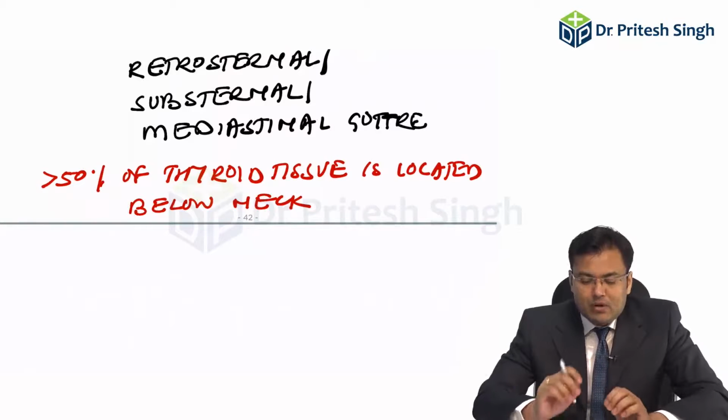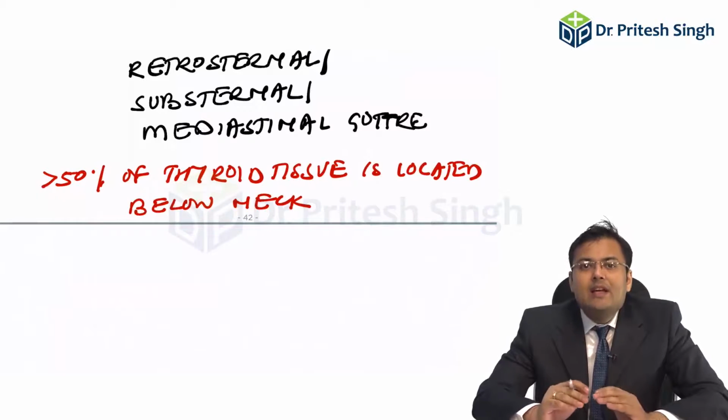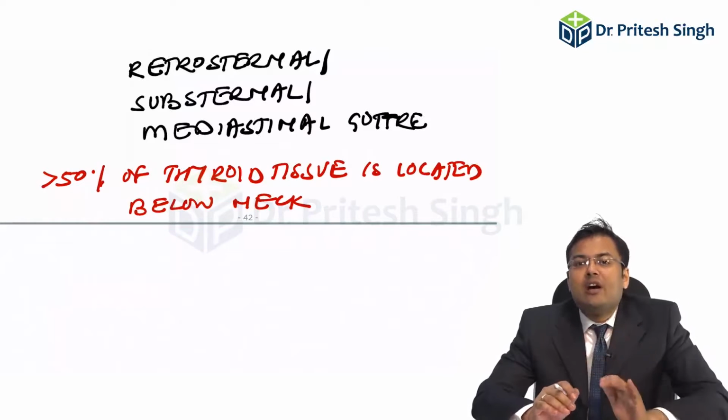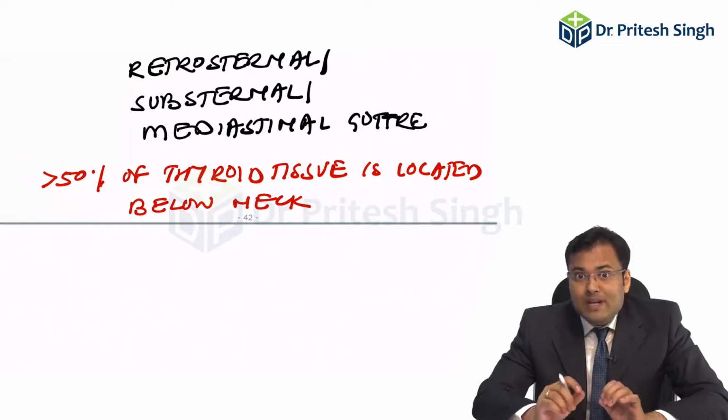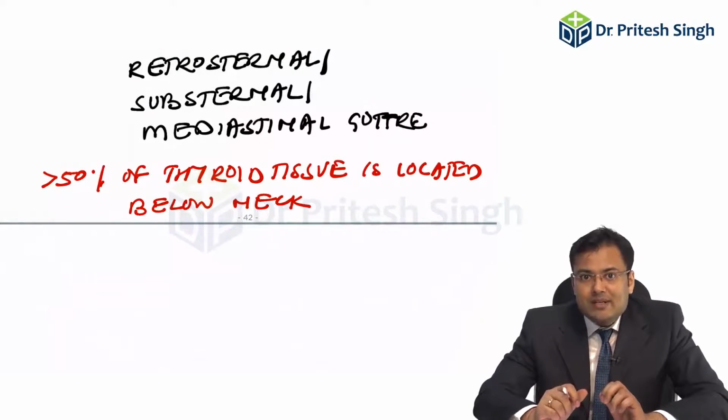What is the good thing about this retrosternal goiter? That most of the patients are asymptomatic and usually detected on X-ray. But when the size is big, sometimes patients are symptomatic.